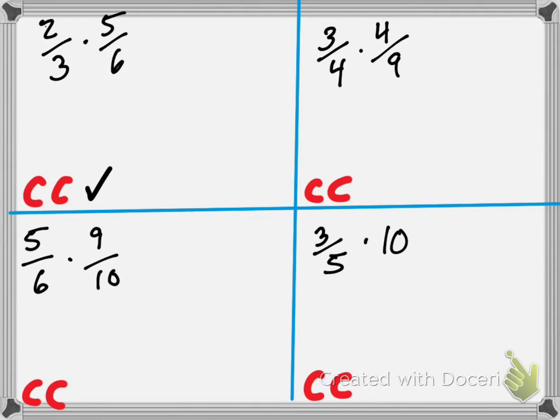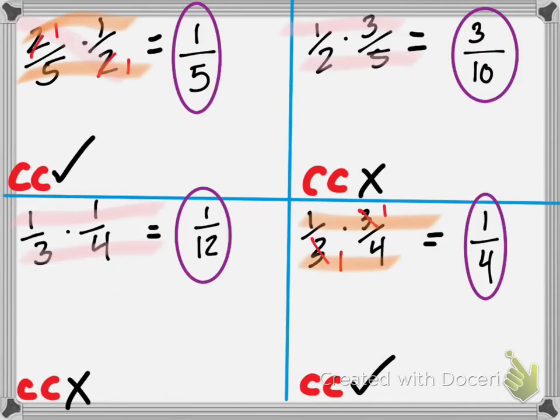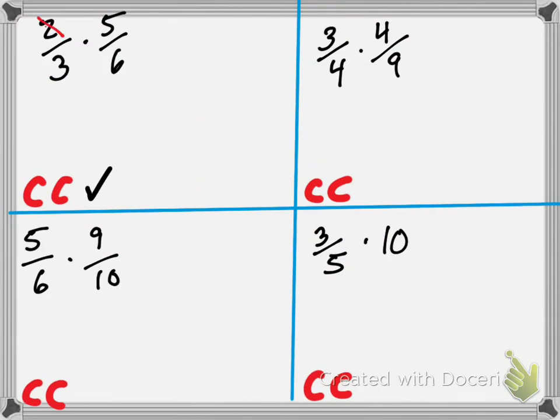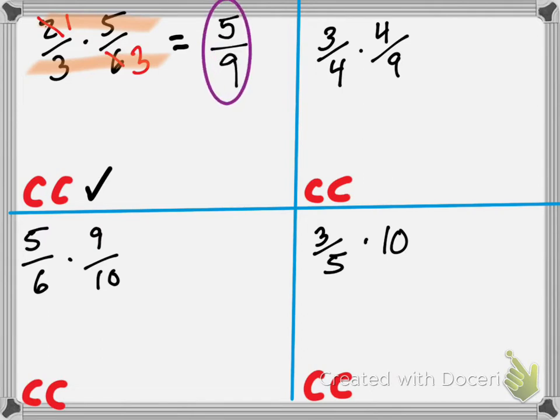What does the 2 become? 1. What does the 6 become? 3. And then once we're done cross canceling, all we do is cross multiply. What do you get as the answer then, Harut? 5 over 9. Excellent. And we don't need to make it into a mixed number because it's a proper fraction.